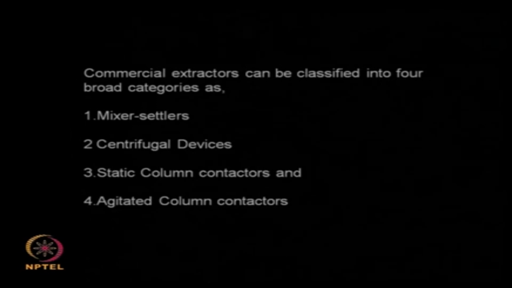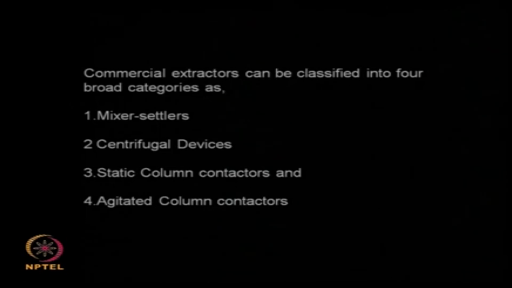If you go for an agitated design, mass transfer is very high, but the disadvantage is you need mechanical motors to operate, so your operating cost is very high. Centrifugal devices are very efficient and consume very little time for extraction, but then your cost may be very high, and your operating cost also may be high.